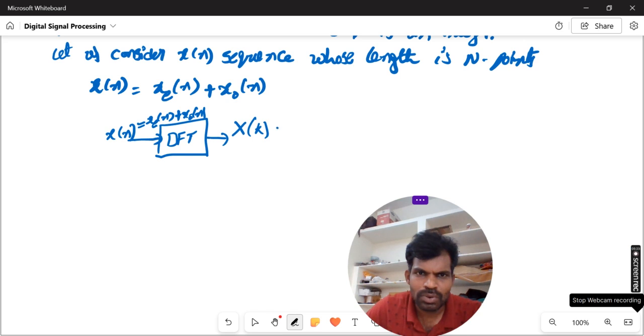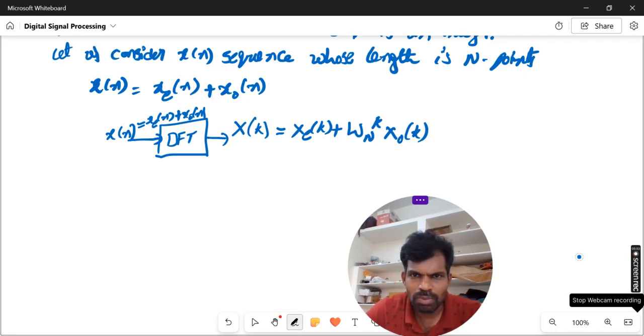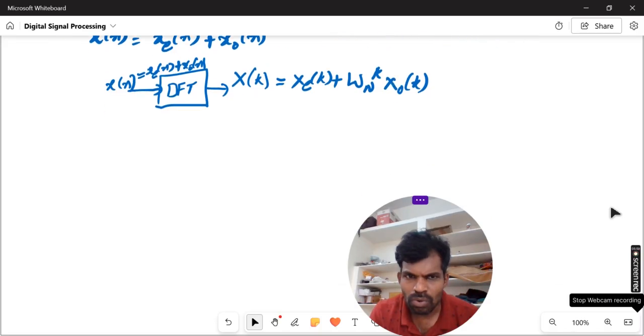We will get the output X of k is equal to Xe of k plus the twiddle factor, represented by W suffix N power k, into capital Xo of k. We know that capital X of k is a DFT output. So by applying a DFT to the even and odd sequences of the input sequence, we will get this output. Let us write down the known equation for the DFT.